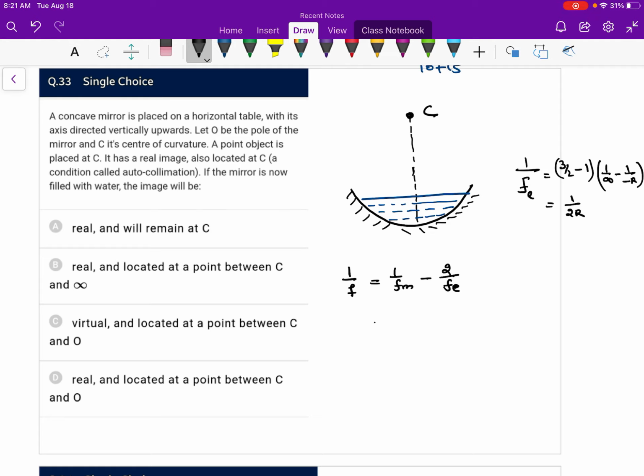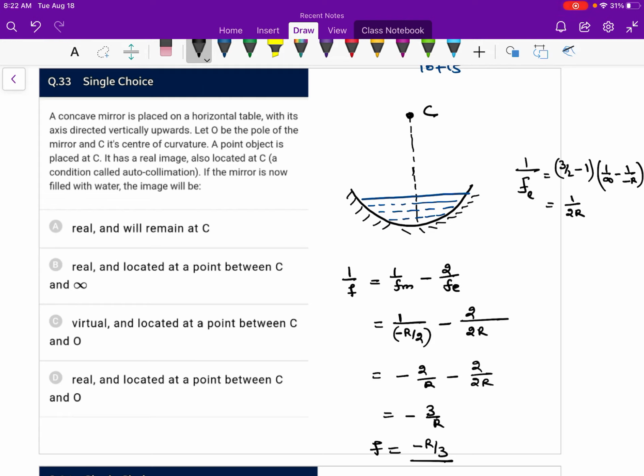This acts as a converging lens. So 1 upon F is minus 2 by R minus 2 by 2R, so this is minus 3 by R. So the focal length is minus R by 3. Now the focal length has reduced from R by 2 to R by 3.